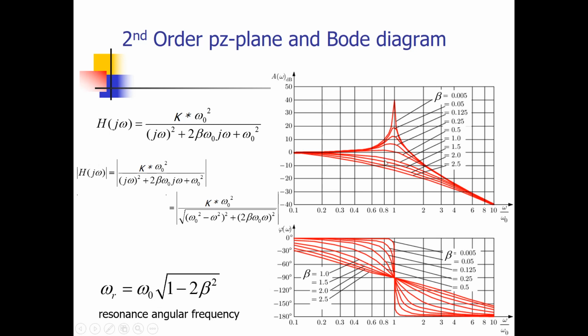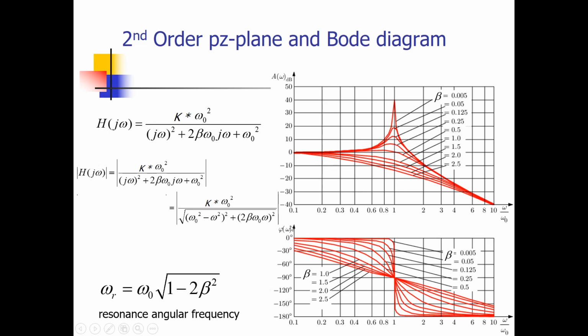At a beta value of the square root of 0.5, so at 0.707, or smaller, resonance in the frequency domain occurs, as we can see over here. So at really small values we get really high peaks, so we have a resonance frequency at which your system, for instance your mass spring damper system, can yield a very high amplitude when it's operating at that resonance frequency. So you have to take care of that.